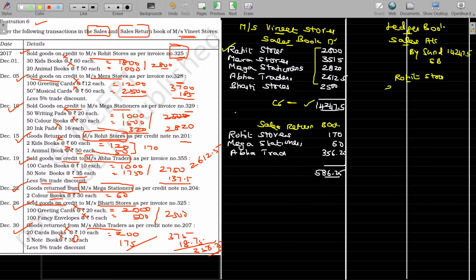There in the debit side 2800, to sales. I just put the term as SR. Meera Stores to sales, sorry, sales not sales return. 3515. Megha Stationers to sales, the value being 2820.